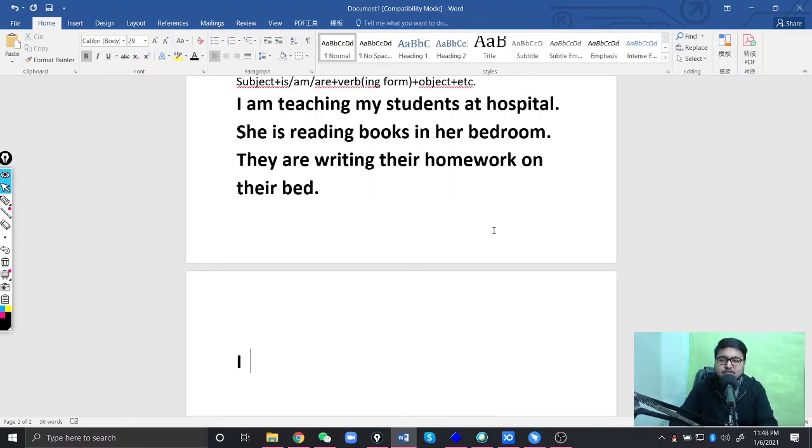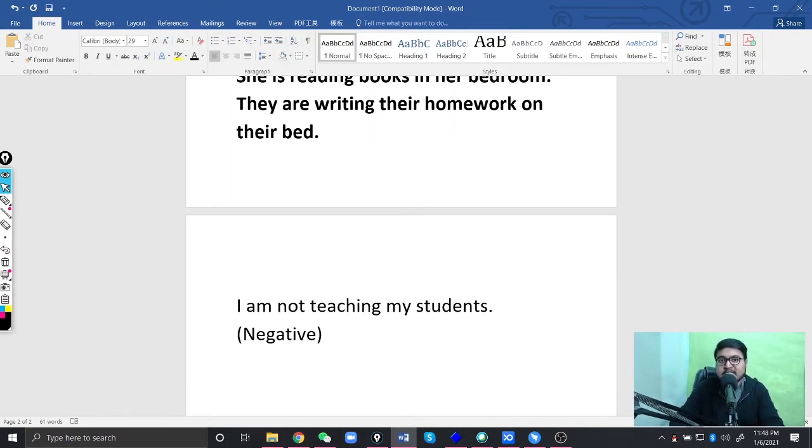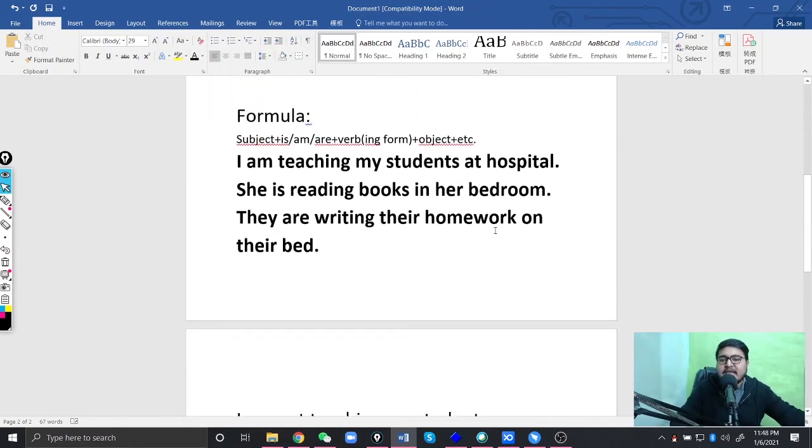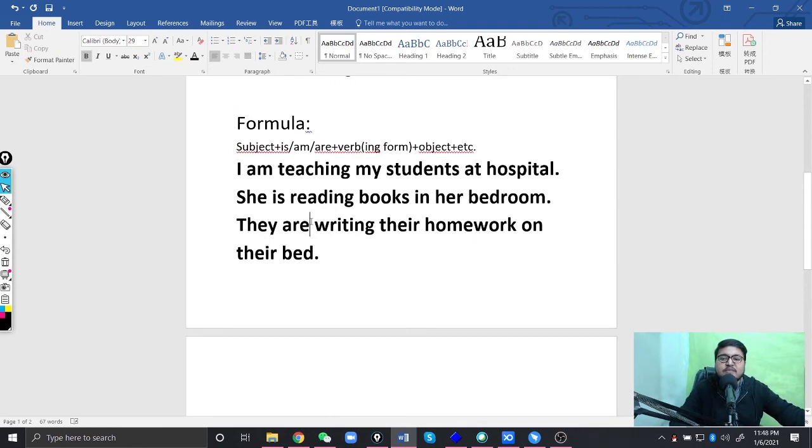Okay? This is negative. And how about if I have to make interrogative, which is the question sentence? Am I teaching my students? This is interrogative, or the question sentence. Now you can take any of the sentences and try to make it negative and interrogative.